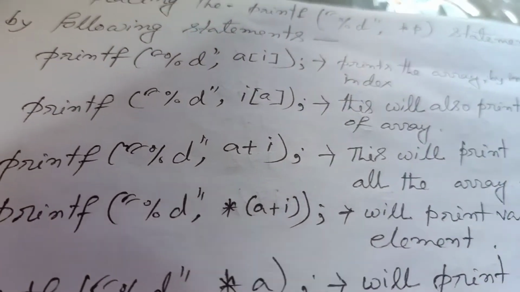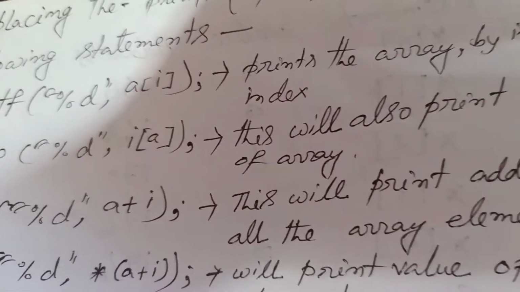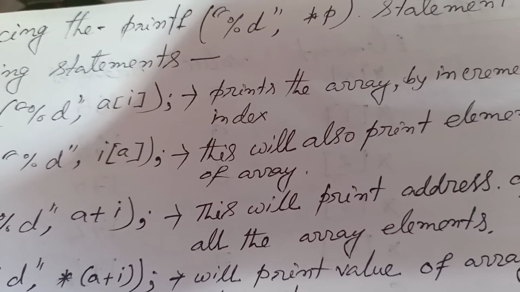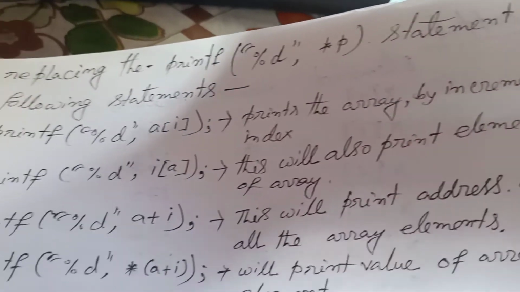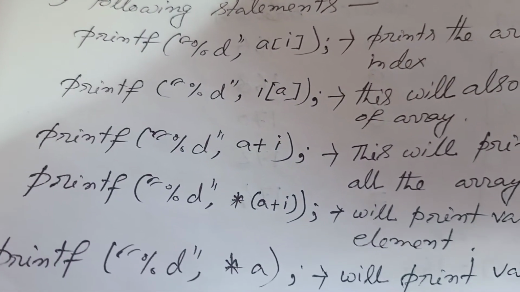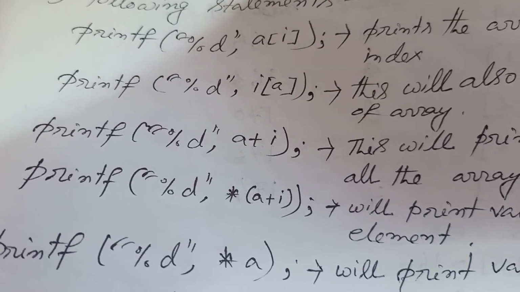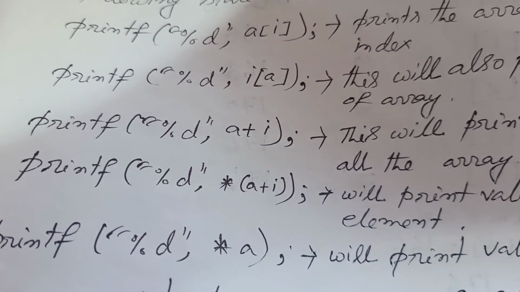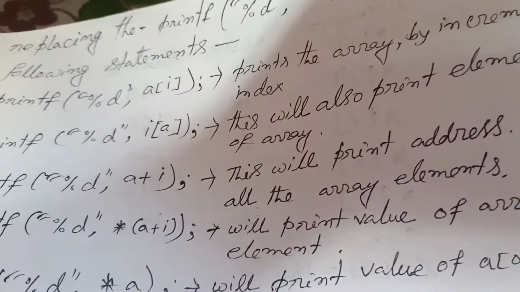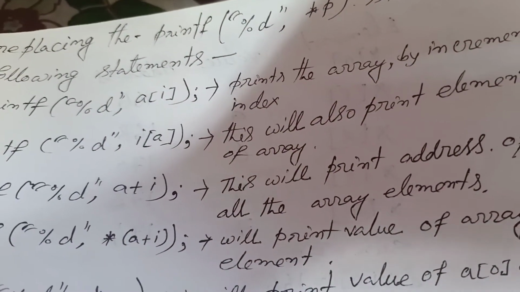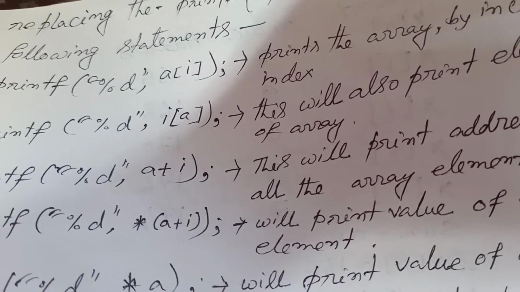Here it prints the array by incrementing the index. You can write printf %d, i[a]. This also prints the elements of the array.